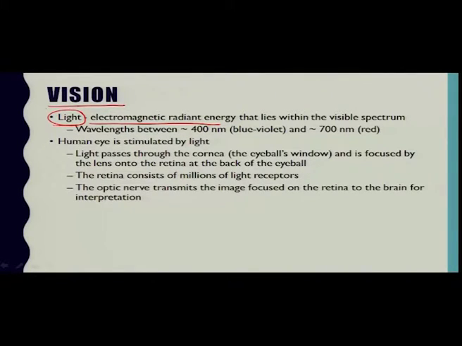If you understand this electromagnetic radiation, and what particular portion we as human beings can catch, it will be easy for us to differentiate between other radiations that are present around us.